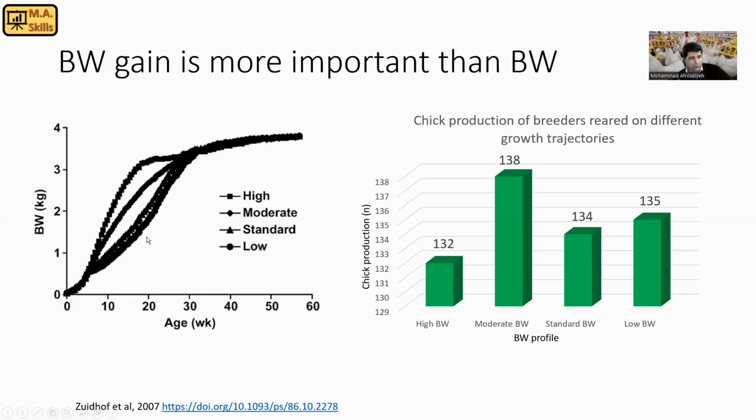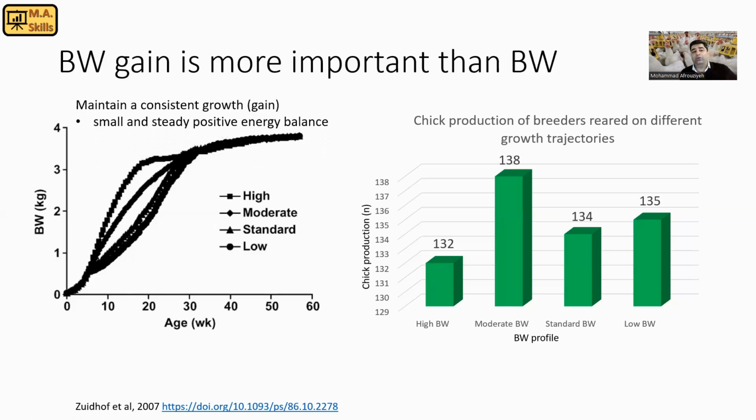It means that if you pay attention to the low body weight curve or moderate or standard or high, if you pay attention to body weight gain, in all of them it is increasing. But let's say for the high body weight curve, it's increasing slowly, but steady. This is really important.